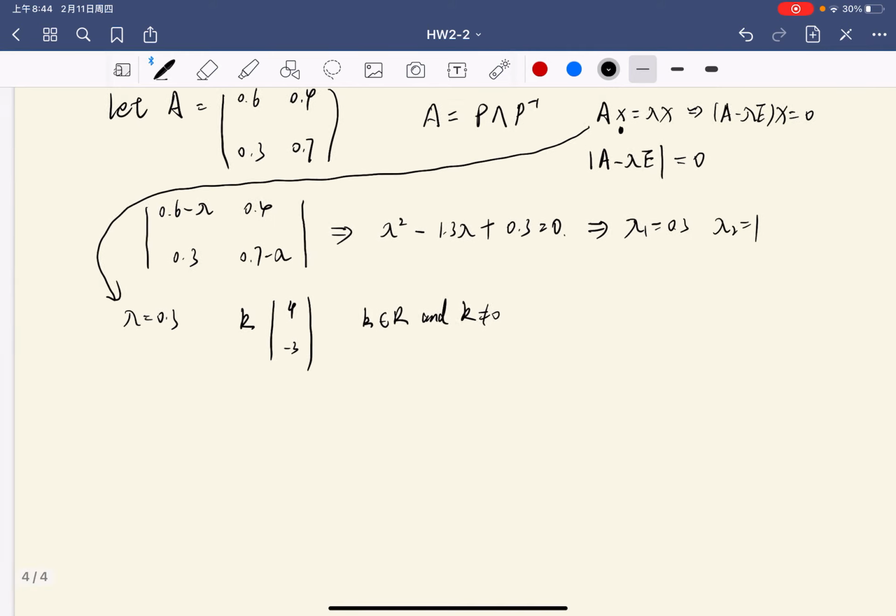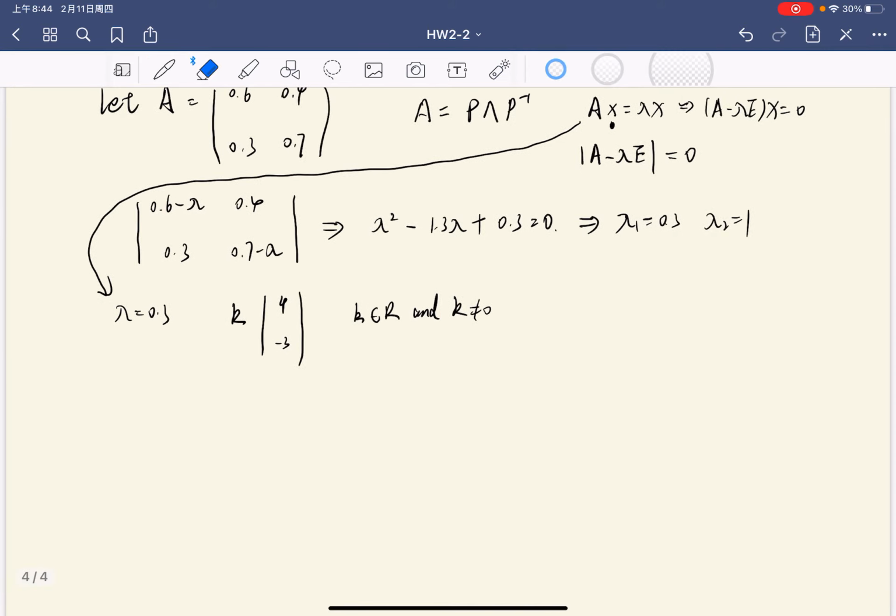Also, when lambda equals 1, the eigenvector is k multiplied by (1, 1), and k also needs to satisfy this condition.